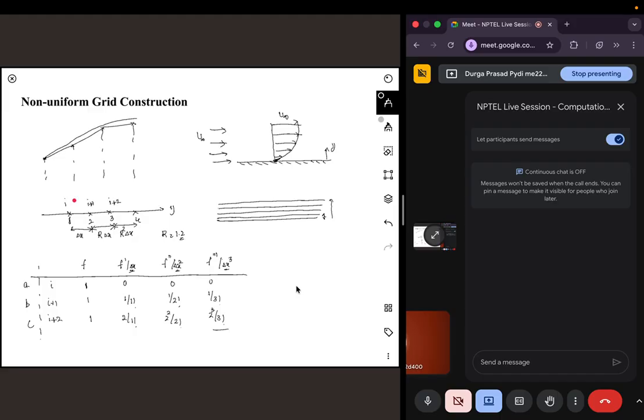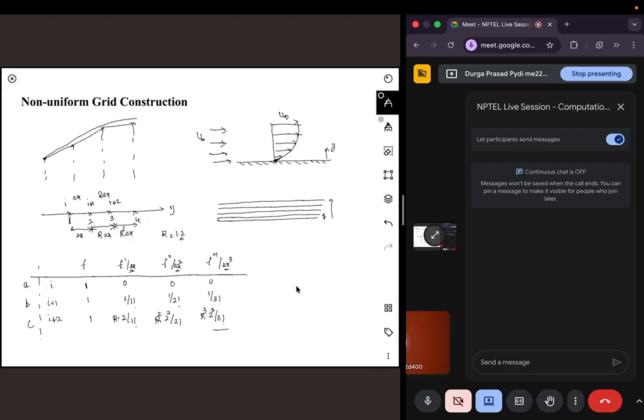From i to i plus 1 it is delta x, so this will be r times delta x. For the second one, previously I had just the coefficient 2, but now there will be an additional term because of the expansion coefficient. So I'll have an r here, an r square here, accordingly r cube and so on. This additional term will change the values of a, b, c that I get.